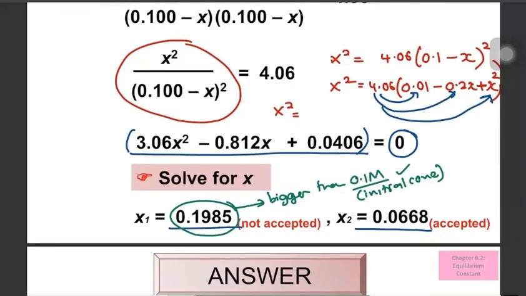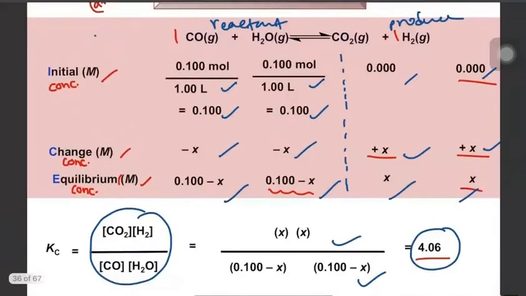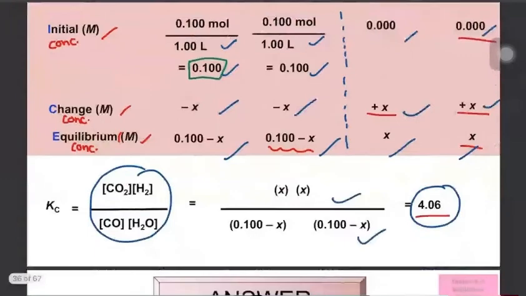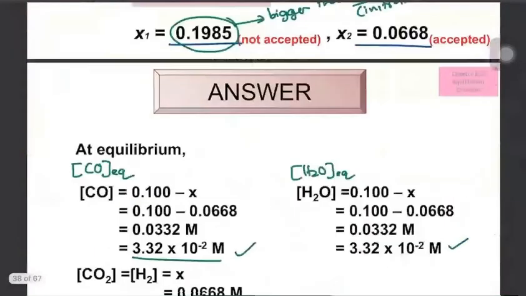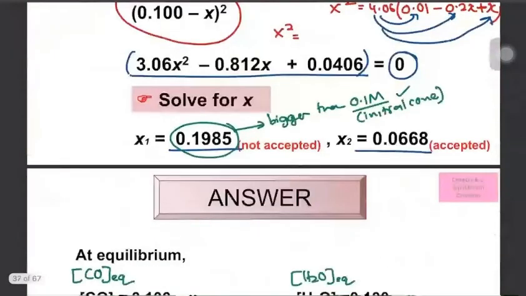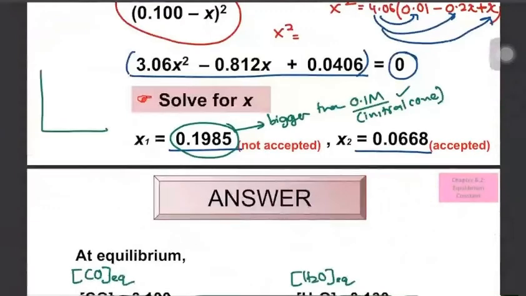If you remember, the initial concentration is only 0.1 molar. How can the equilibrium concentration be more than that? Because the equilibrium concentration for a reactant should be decreasing, and it should be lesser. So we choose the one which is the lower value.